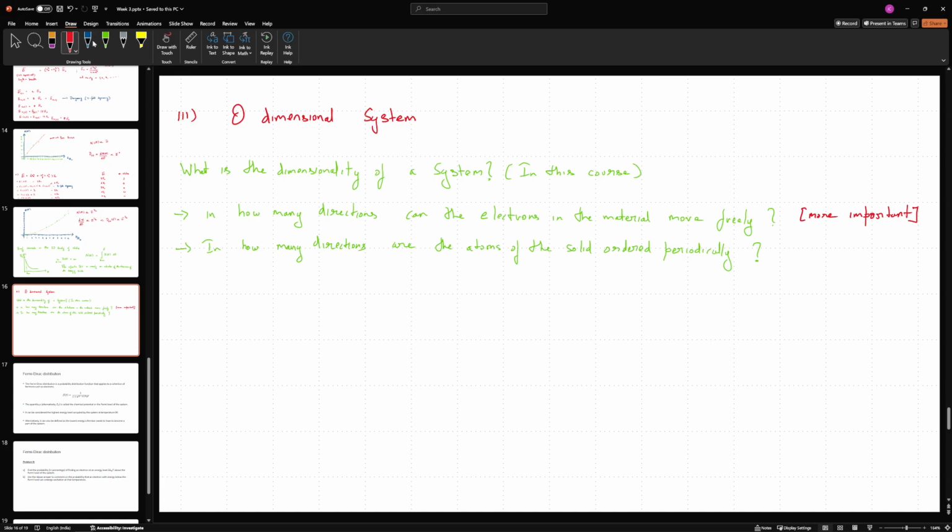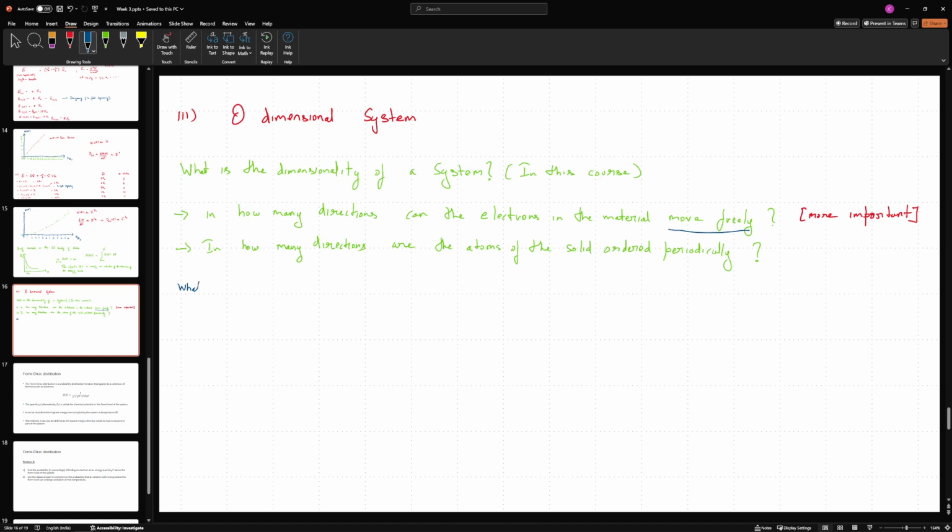So now consider a solid, like a macroscopic wire. Yes, there is one more thing that I need to say. What do I mean by move freely?